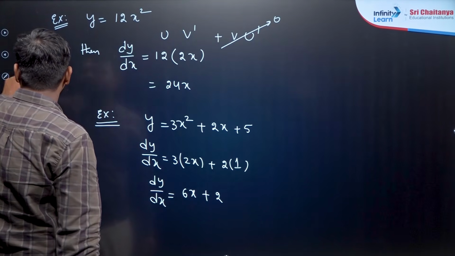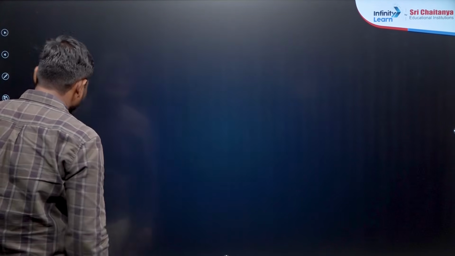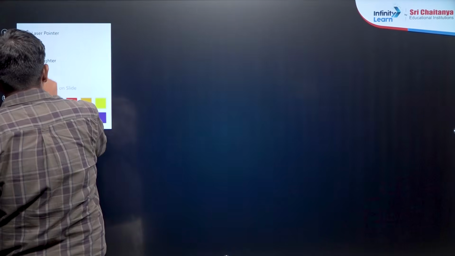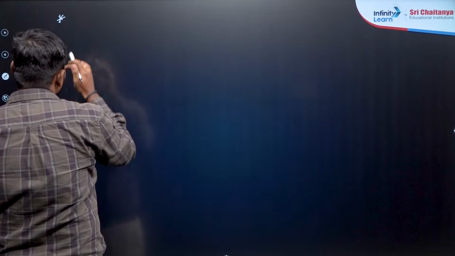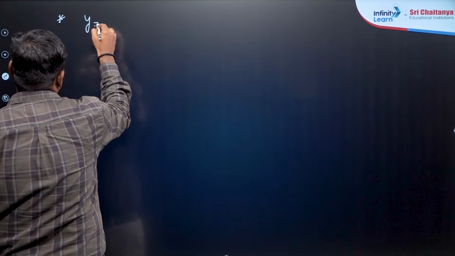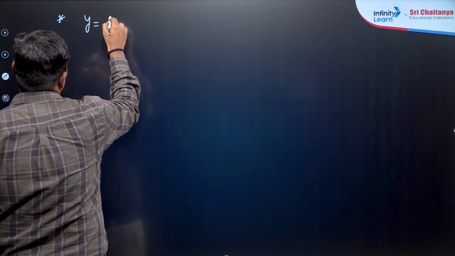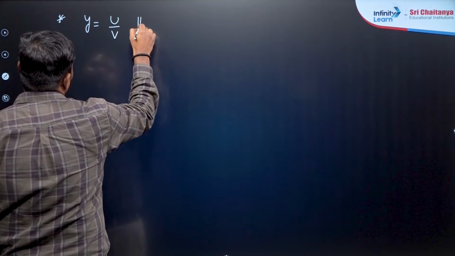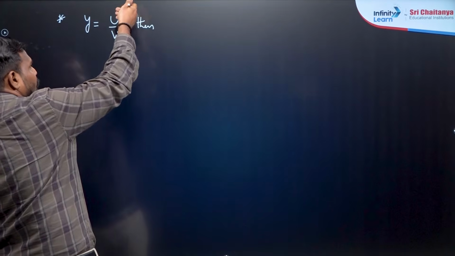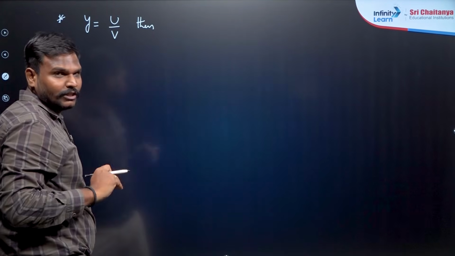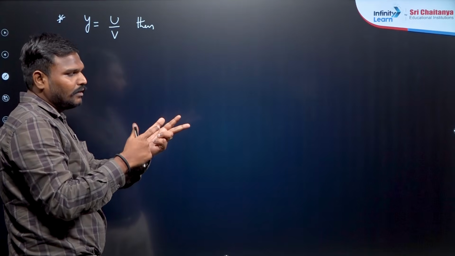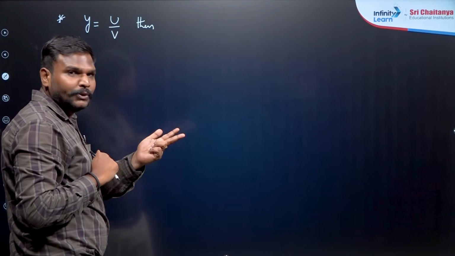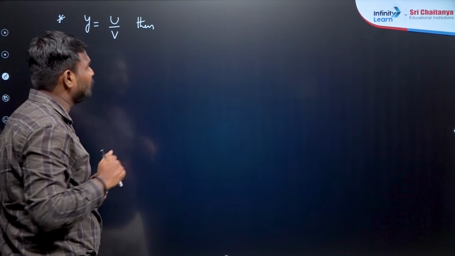Next. A couple of more formulas are pending; that also we'll discuss now. Next formula: y is equal to u by v, that is numerator by denominator. It's a fraction. We have seen addition, subtraction, and multiplication u into v. Now we are seeing the division one.